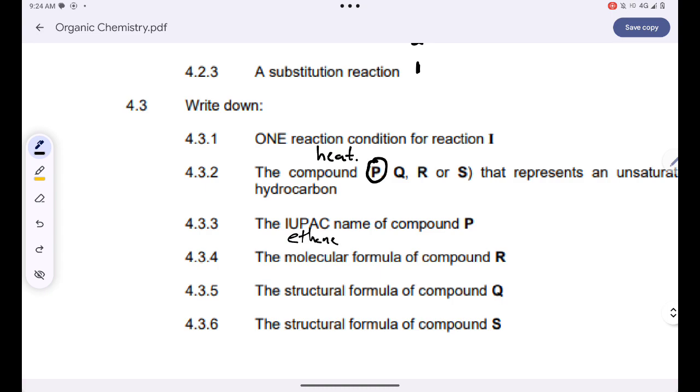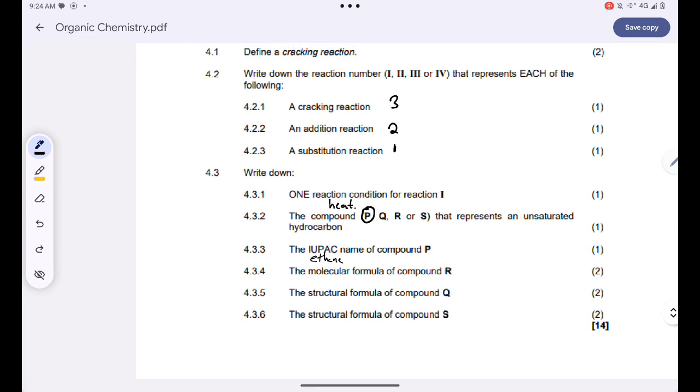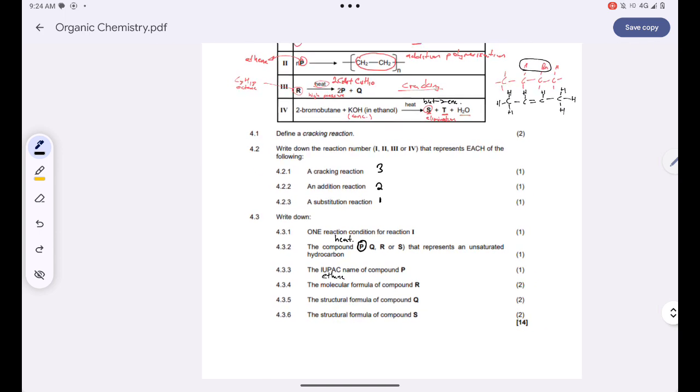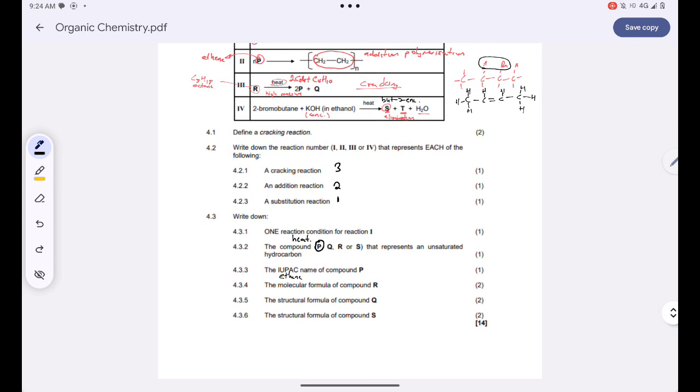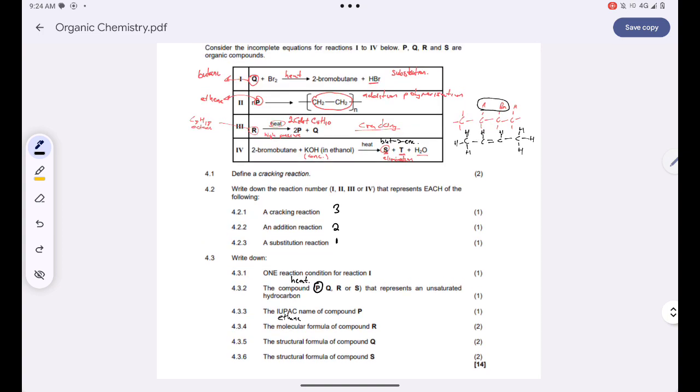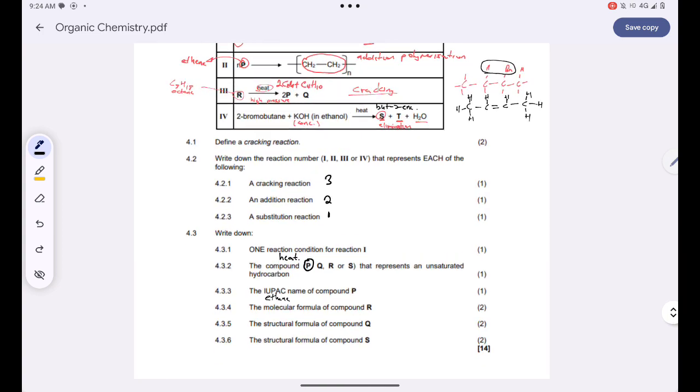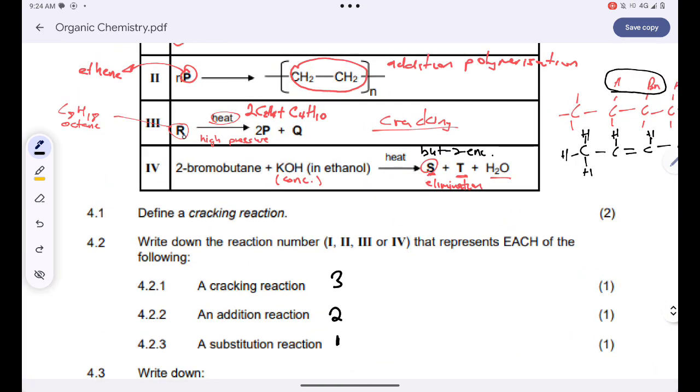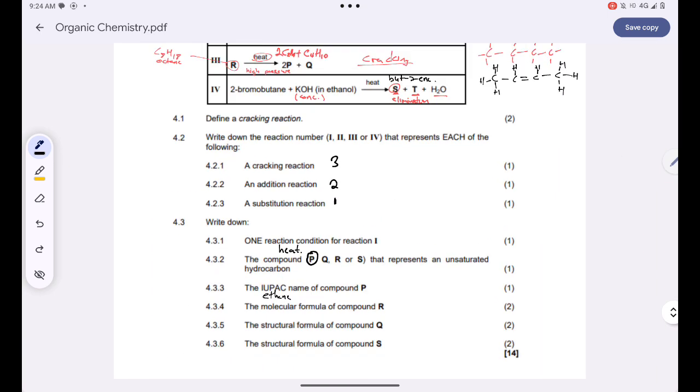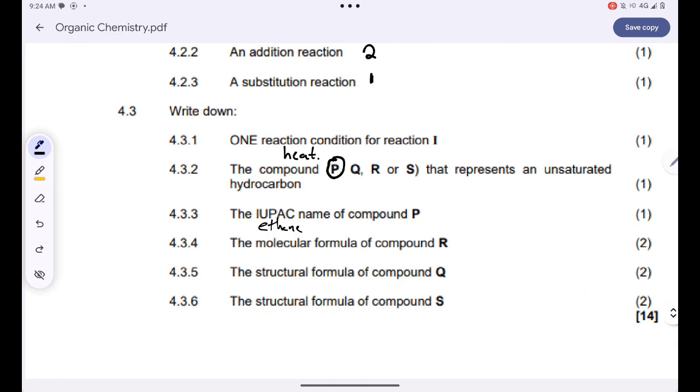We did mention that earlier. Okay, write down the molecular formula of compound R. Remember that, guys, compound R was broken down into 2 ethenes and one butane. So that means compound R was an octane. It has 8 carbons and 18 hydrogens.